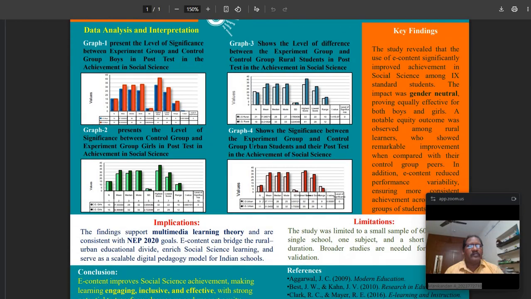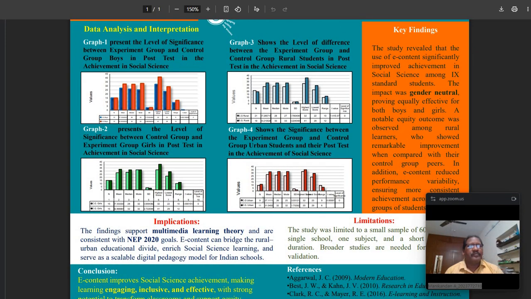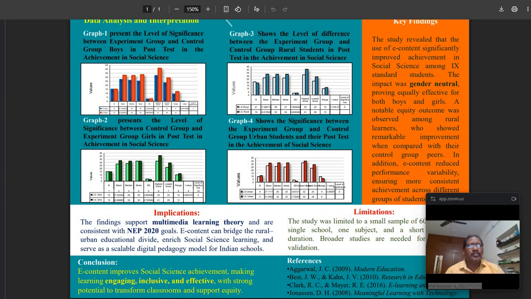A notable equity outcome was observed among rural learners, who showed remarkable improvement when compared with their control group peers. In addition, e-content reduced performance variability, ensuring more consistent achievement across different groups of students.